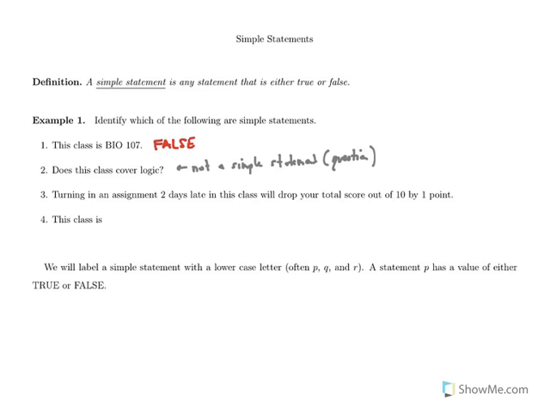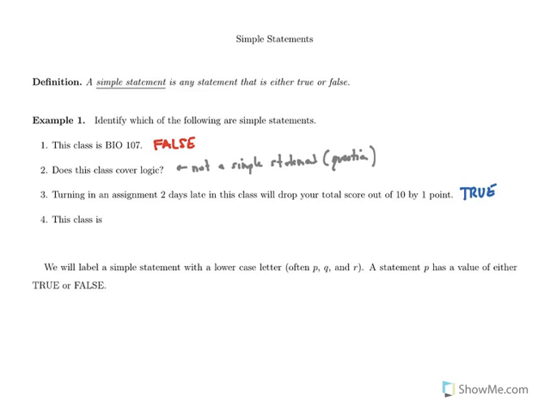Next one, turning in an assignment 2 days late in this class will drop your total score out of 10 by 1 point. First of all, that is true. But again, you can attribute a true or a false to that statement. It's a little bit longer, but it's still a true statement. It's a simple statement.